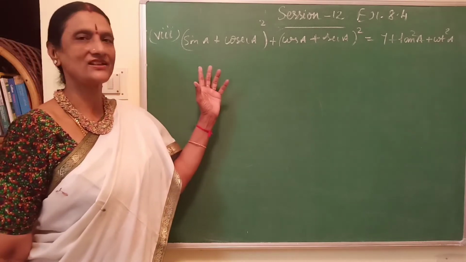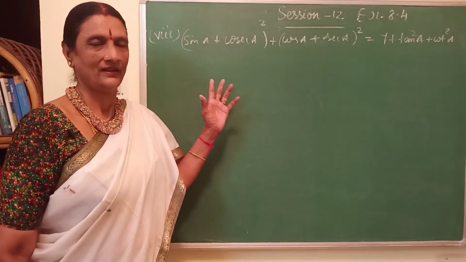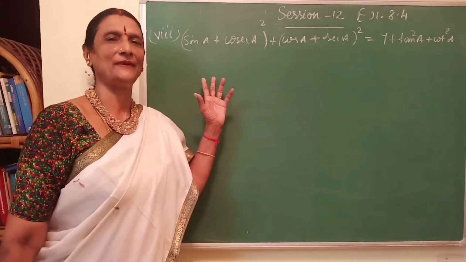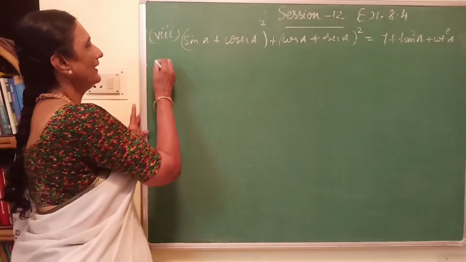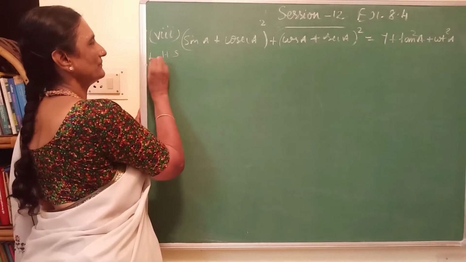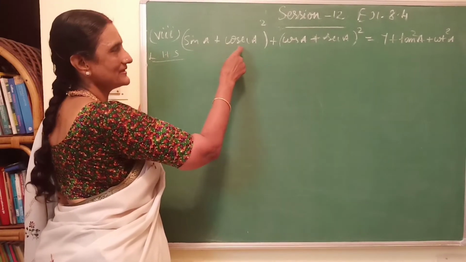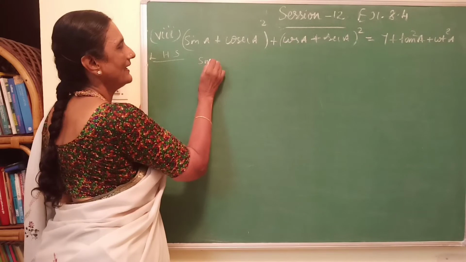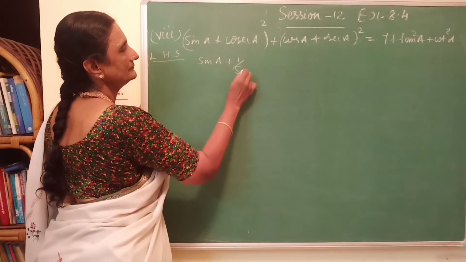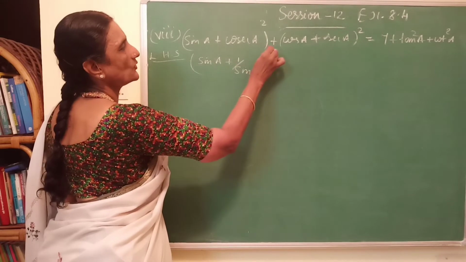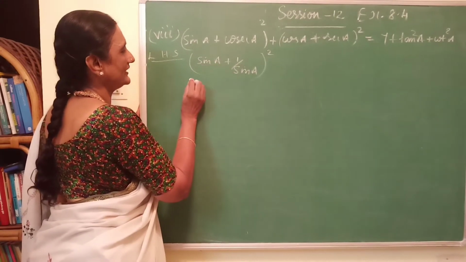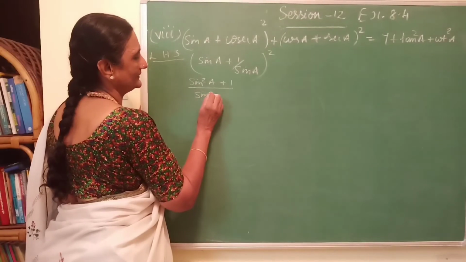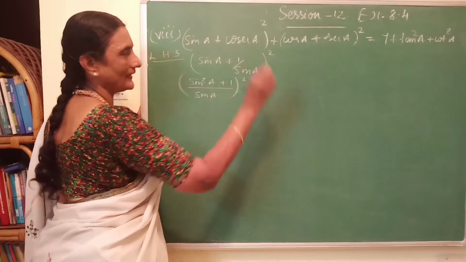Okay, so let us try to simplify the LHS first. This sum has a lot of calculations. I want your patient listening. Just listen carefully. Now LHS is equal to (sin A plus 1 by sin A) the whole square. Simplifying sin A plus 1 by sin A, sin into sin gives you sin square A plus 1, taking the common denominator, divided by sin A, and this has to be whole squared.